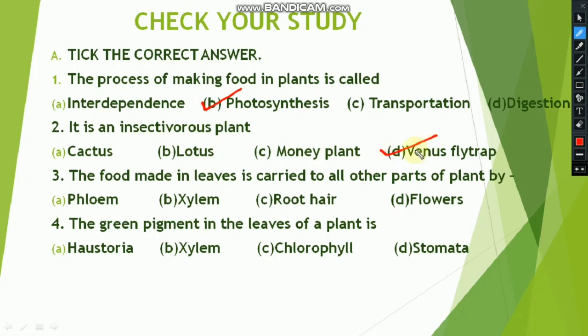Yes, Venus flytrap. The food made in leaves is carried to all other parts of the plant by which tube? Yes, phloem. The green pigment in the leaves of the plant is called? Yes, it is chlorophyll. Because of this chlorophyll, the leaves look green.